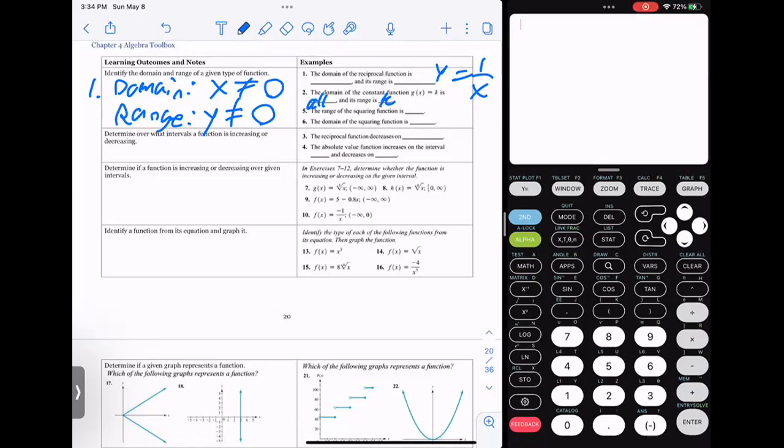Okay. Now the range of the squaring function, I'm assuming it means y equals x squared. Are there any x values we cannot use? A negative number, you can still get.